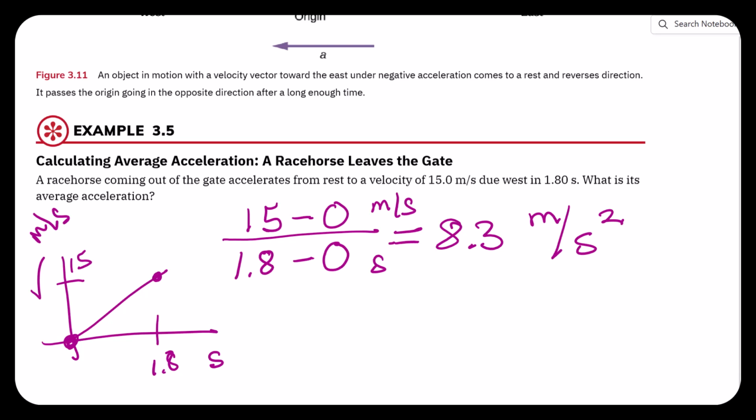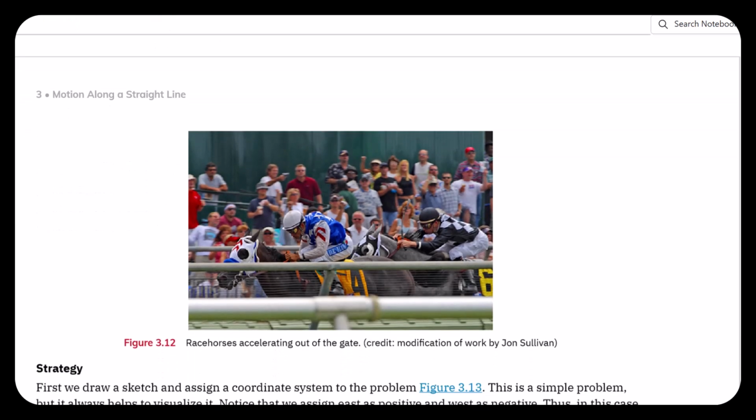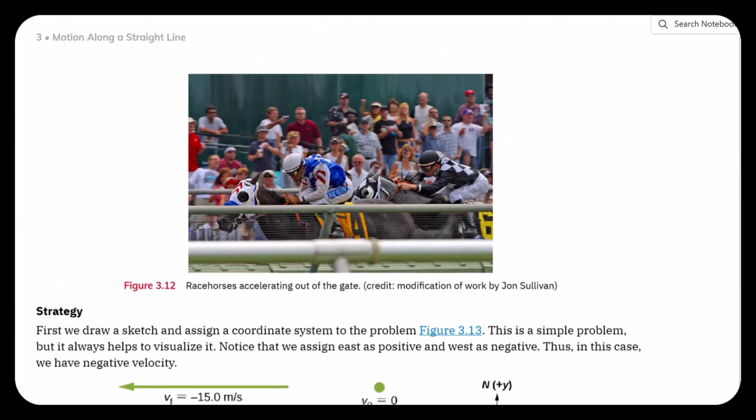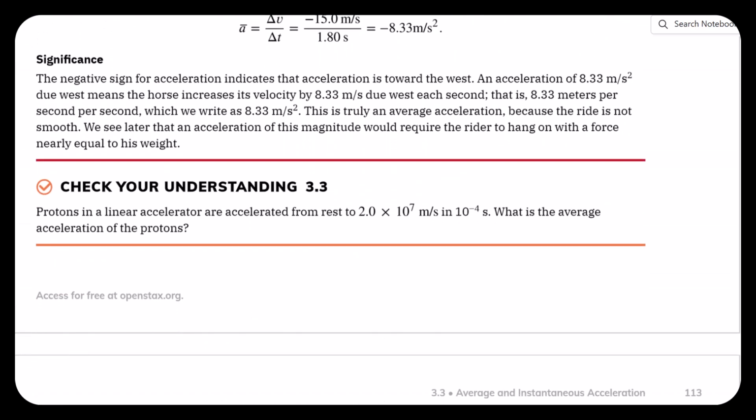I personally wouldn't have worried about the negative sign, but since it said west, fine. We're going to put all these in vectors anyway, and whenever I put this in a vector, I'd say acceleration is equal to negative 8.3 i hat to show that it's going west. So there you go.